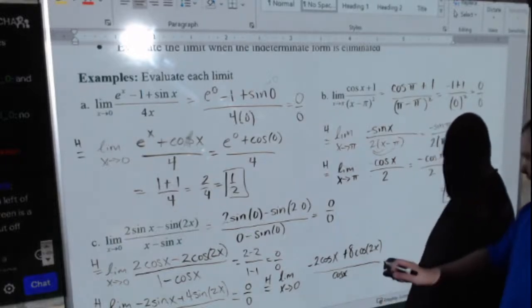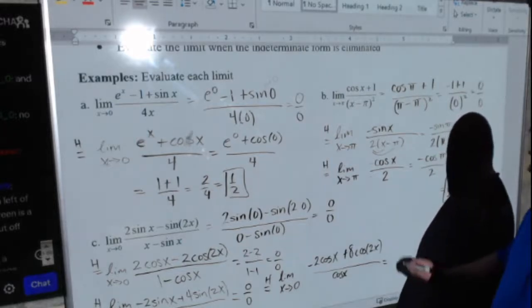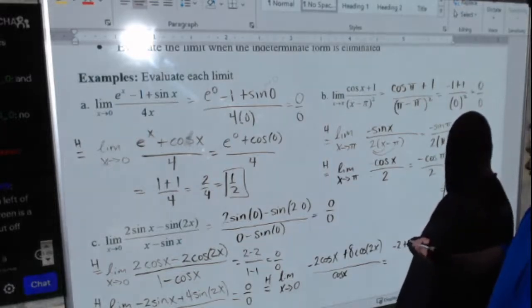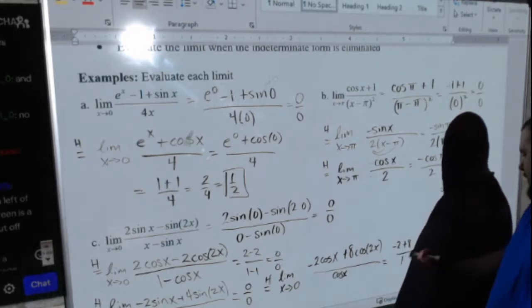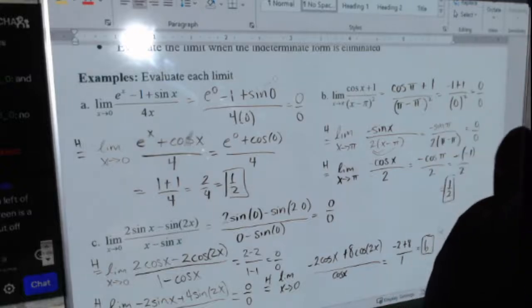Now derivative of cosine is going to give us 1. So we get minus 2 plus 8 all over 1, or 6 for that limit.